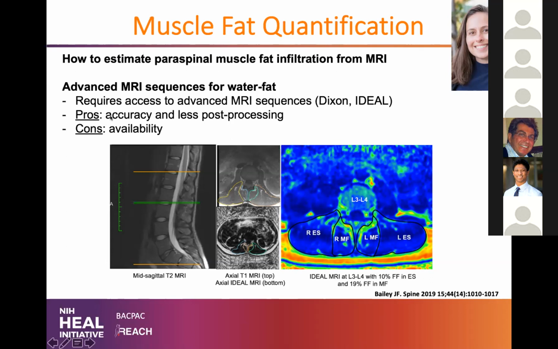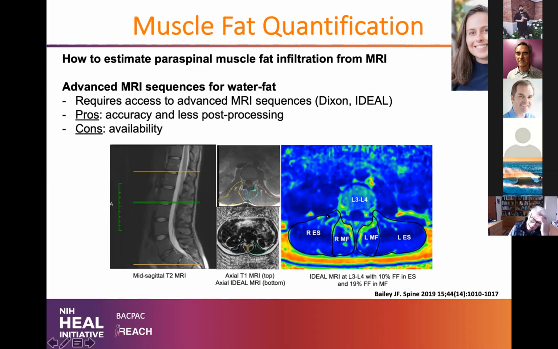Of course, the pros here are the accuracy of the method and less post-processing, because you already have a fat fraction map and you just need to identify your region of interest. The cons is somewhat the limited availability on the scanner of the more advanced techniques.